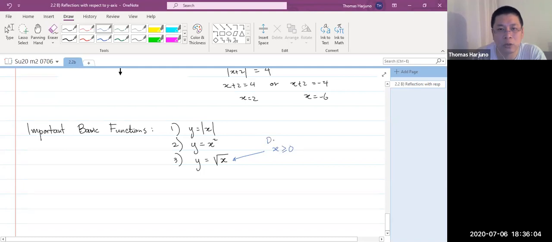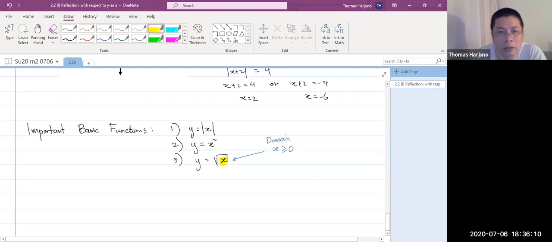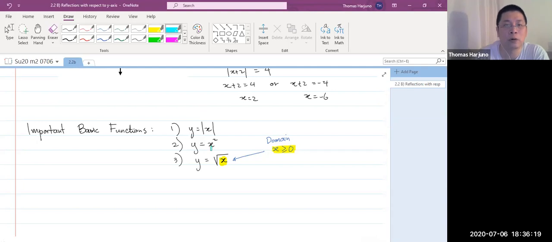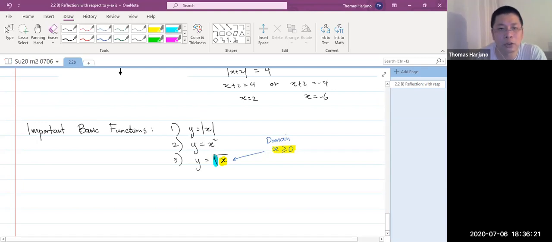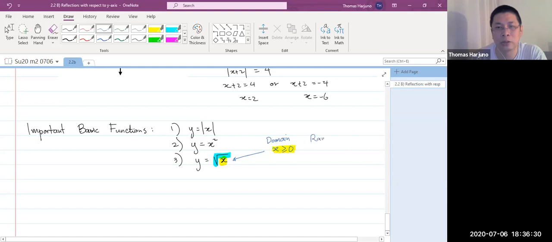That will be the domain. Basically, the expression inside the radical has to be non-negative. And as for the range, if you remember, square root means the value has to be at least 0. So you will also see that the range under square root will be at least 0.